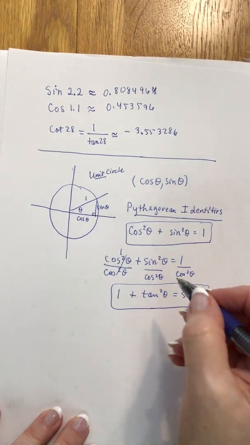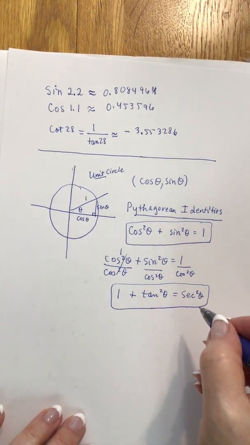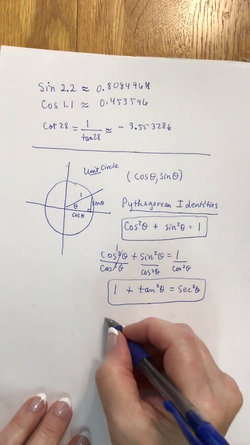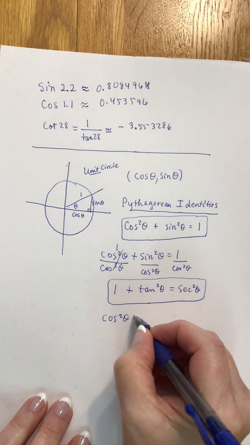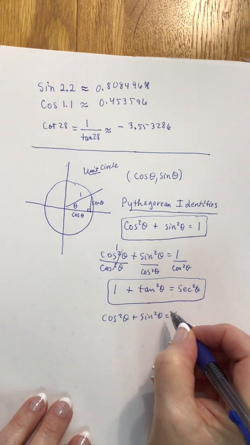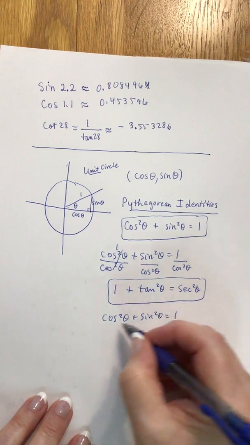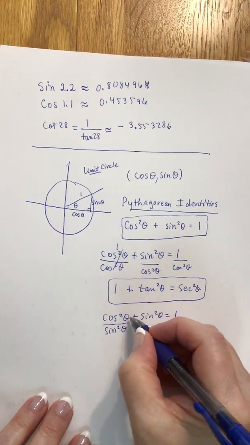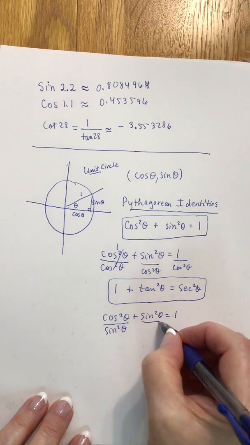So we've got sine, cosine, tangent, secant. So we probably want one that has cotangent in it. So we're going to start again with cosine squared theta plus sine squared theta equals 1. Since I want cotangent this time, I'm going to divide by sine, because we know cotangent is cosine divided by sine.